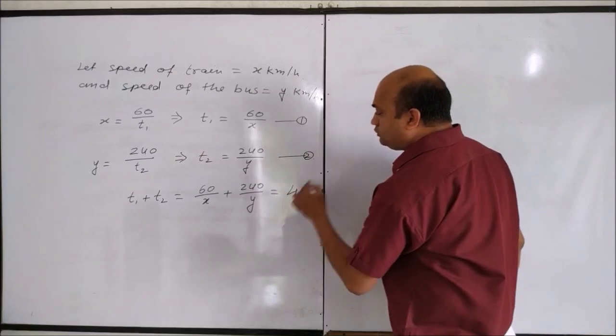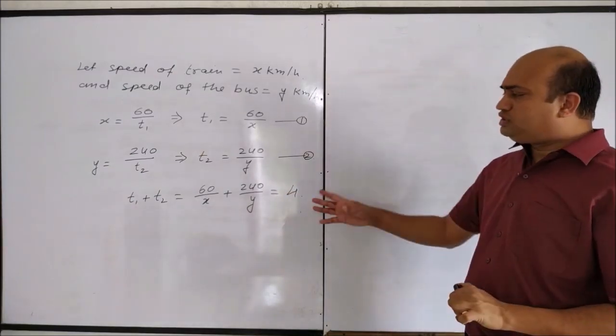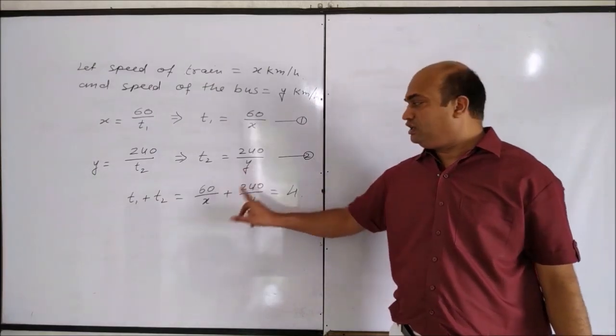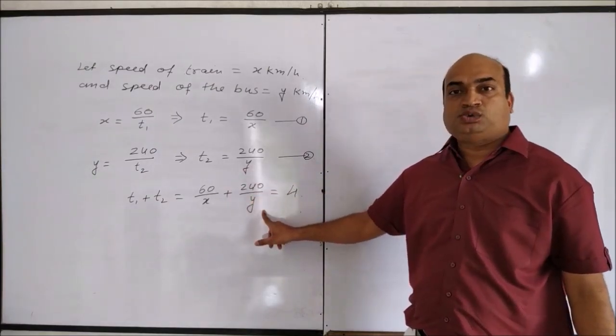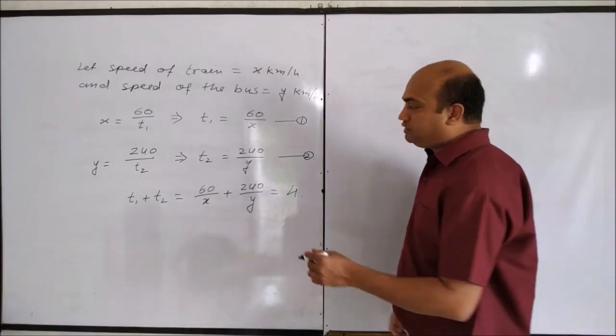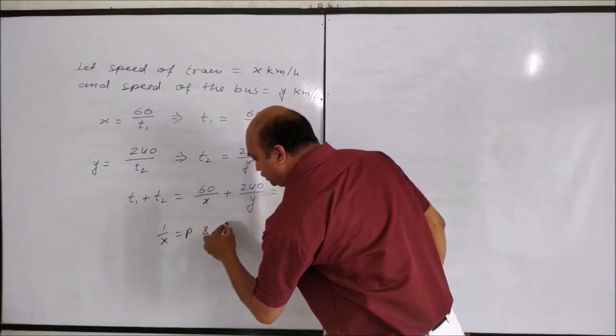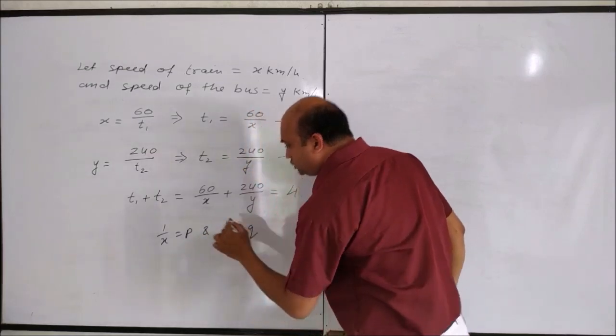So it is equal to 4. You see, this is also not a linear equation. 1 upon x we put as p and 1 upon y we put as q to convert it into a linear equation.